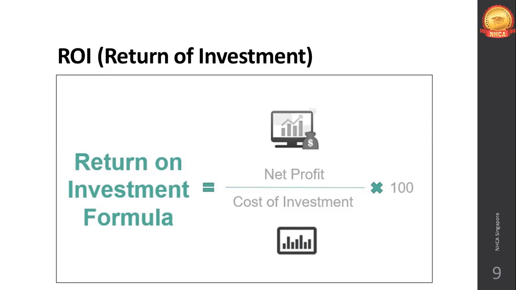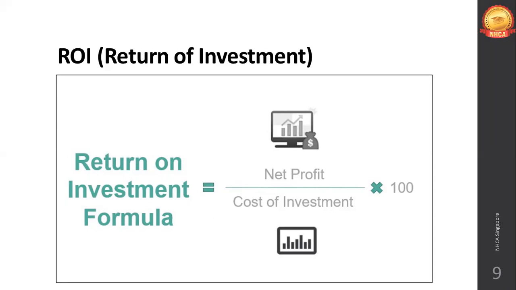You are getting the money, but you have to take care of the expenses that have been incurred. Net profit means gain from the investment, or revenue from the investment, minus cost of investment. So whatever remains is your net profit.